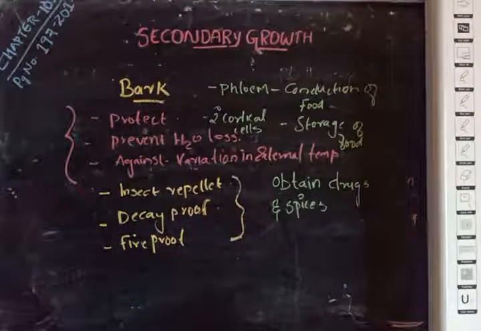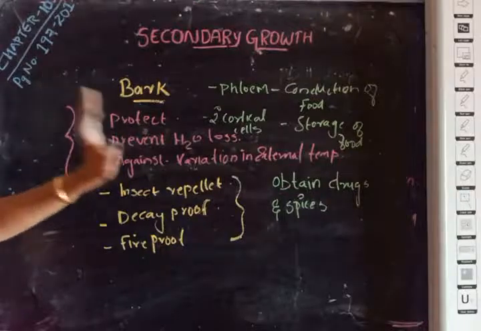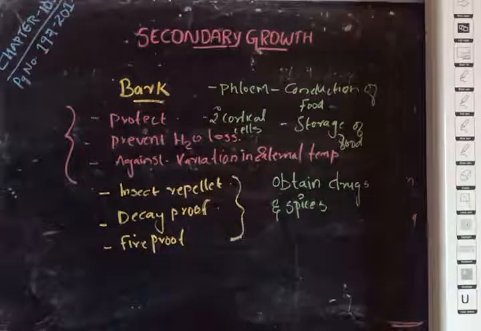So the bark is the outer tissues of the vascular cambium of the stem: periderm, cortex, primary phloem and secondary phloem.